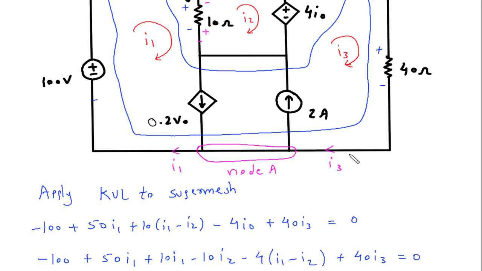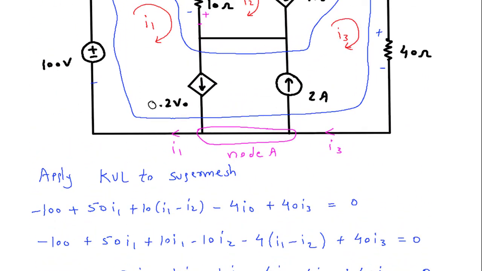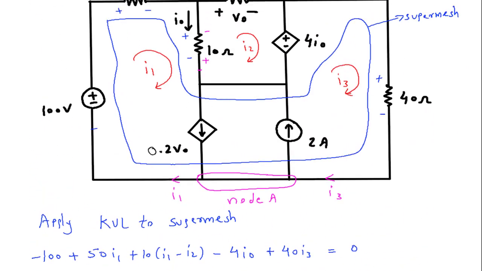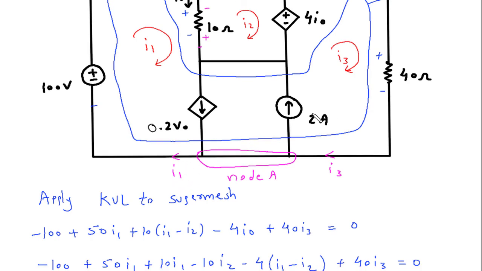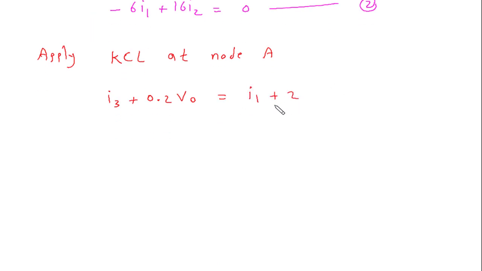So here we can apply KCL at node A. So entering current at this node is I3 plus 0.2 VO, which is equal to the leaving current, I1 plus 2.